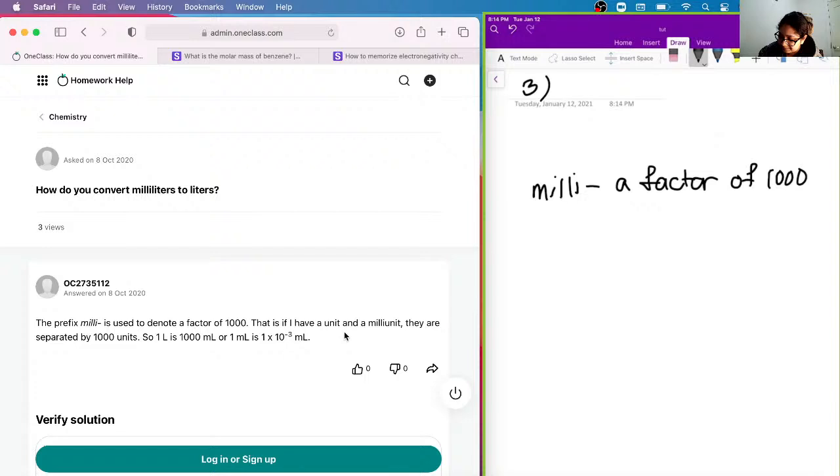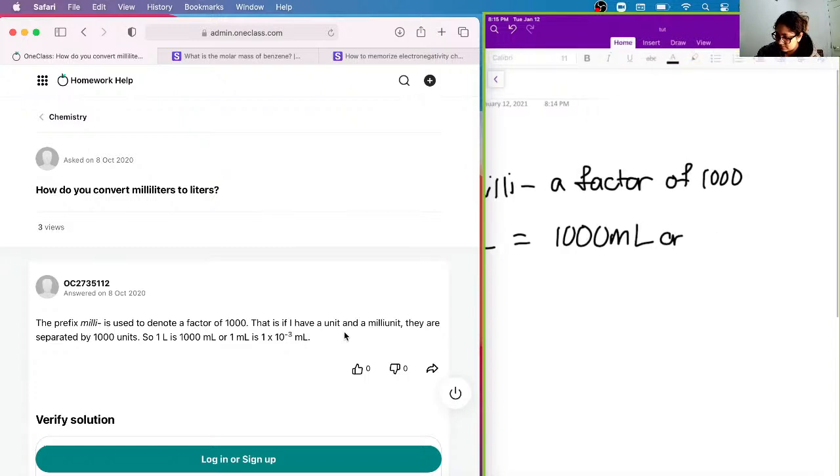So you can say 1 liter is equal to 1,000 milliliters, or scientifically written 1.0 times 10 to the power 3 milliliters.